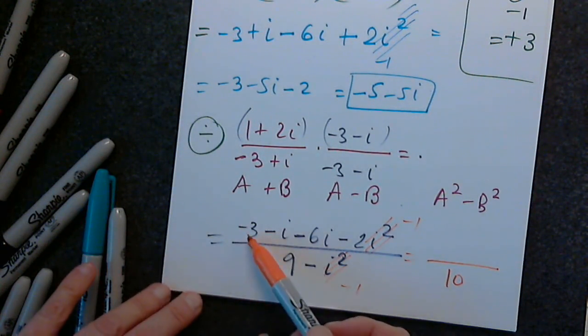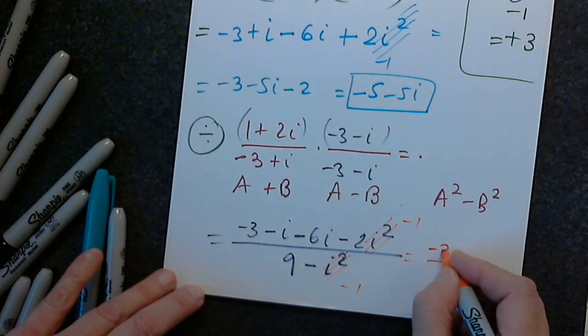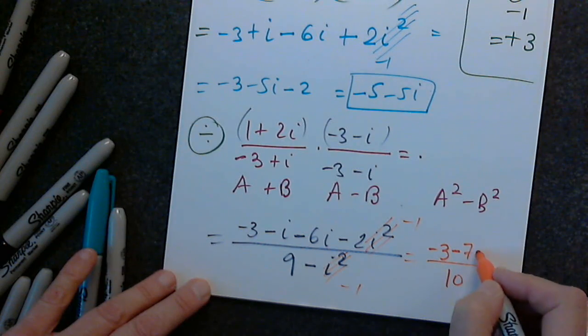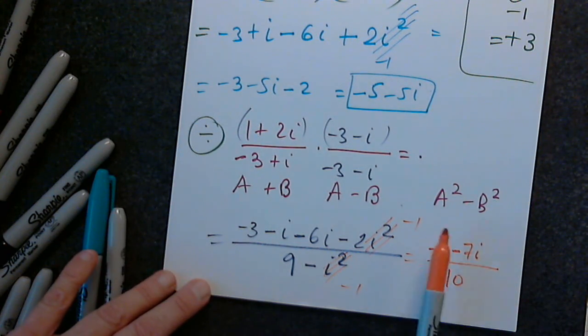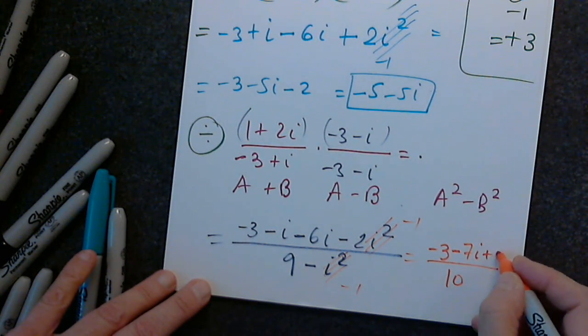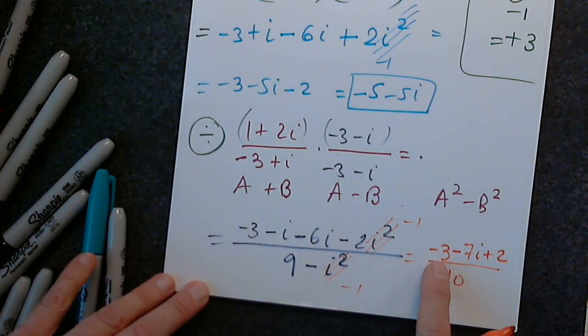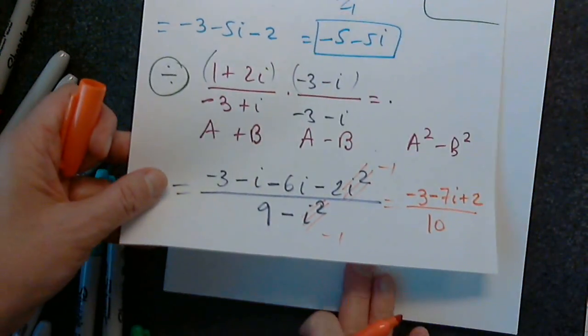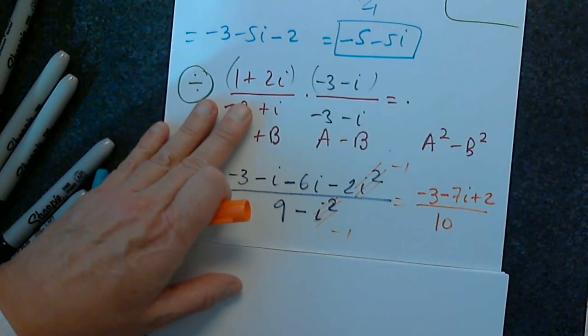So now we have negative 3, and we have negative i minus 6i, which is negative 7i. But careful now, we have negative 2 times negative 1, which is positive 2. Awesome. How much is negative 3 plus 2? Negative, right?